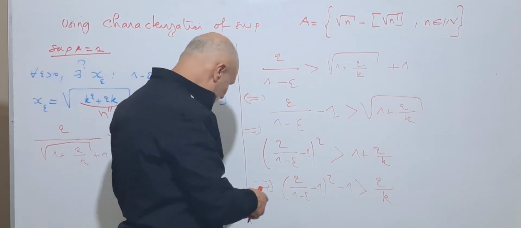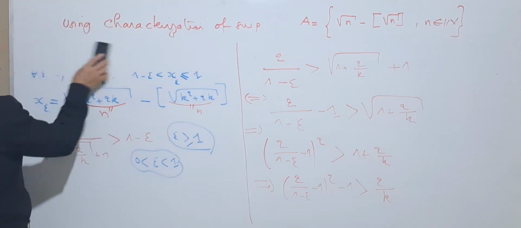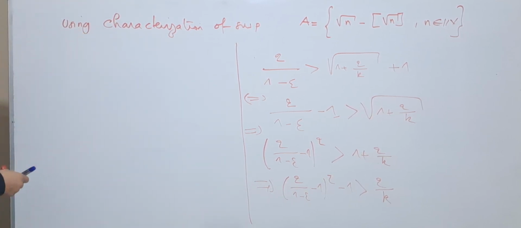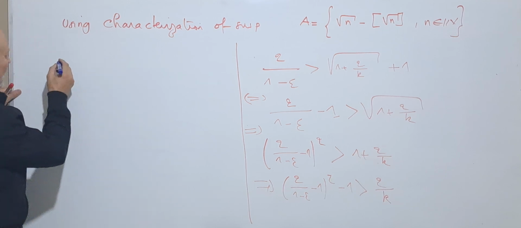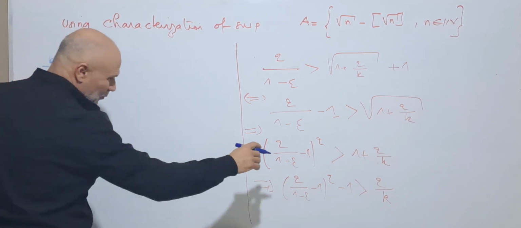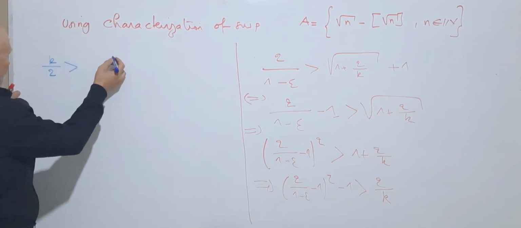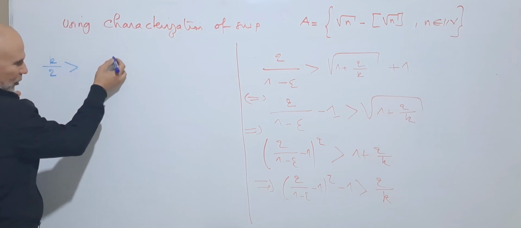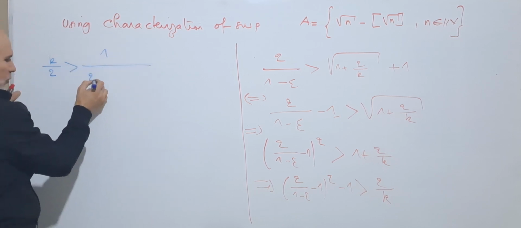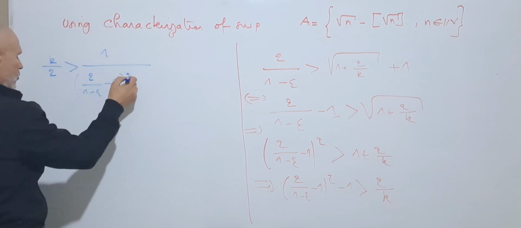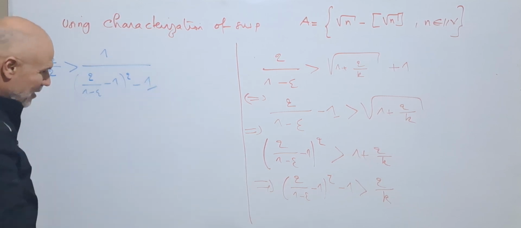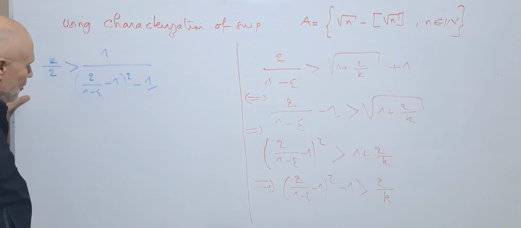We take the inverse of this last inequality, and we get k over 2 greater than 1 over the quantity 2 over 1 minus epsilon minus 1, squared, minus 1, which is strictly greater than 1, for the same reason that we told about.